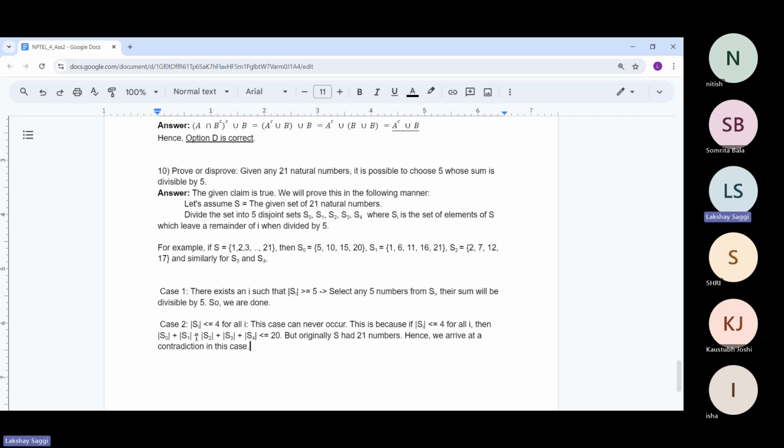So since we arrived at a contradiction, this case 2 cannot occur. So always case 1 will occur, that there will always exist an i such that Si is greater than or equal to 5. And since this occurs, we can select any 5 numbers from Si, and their sum will be divisible by 5. So we are done.